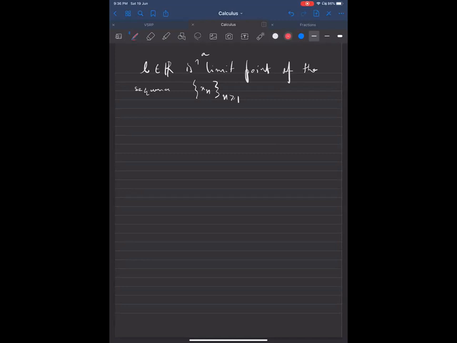So what does that mean? If L is here, take any however small neighborhood around L, we'll always find a point of that sequence xn here.